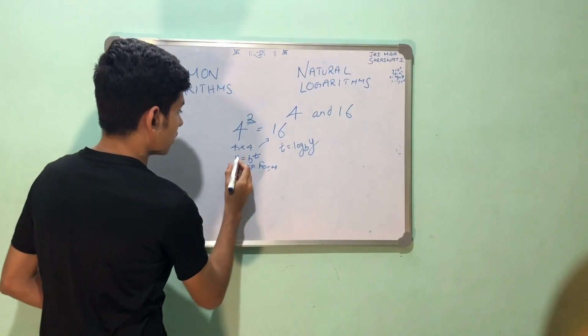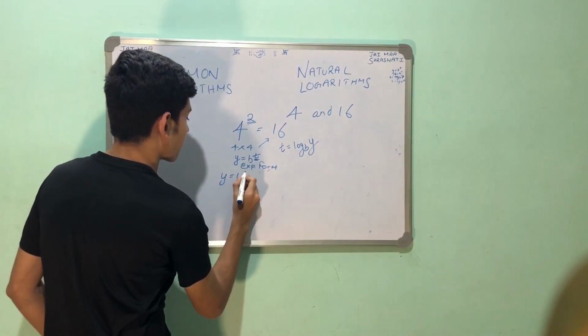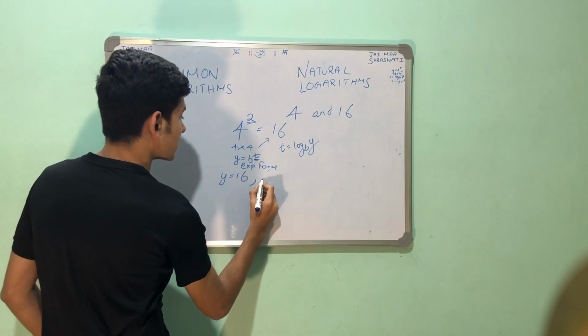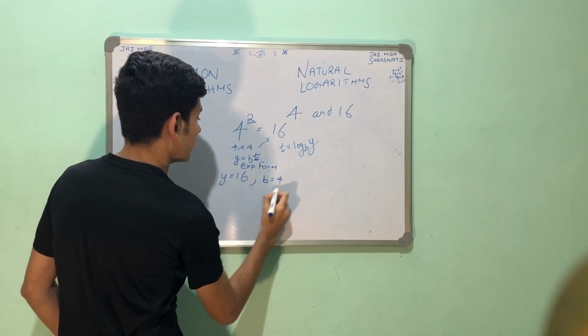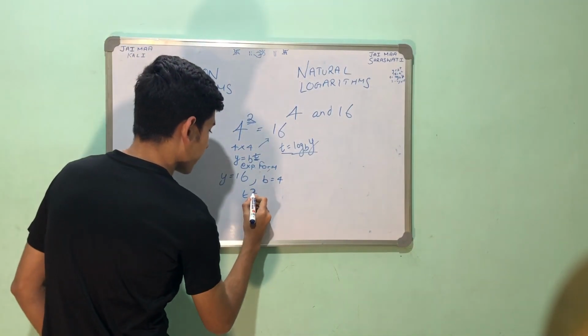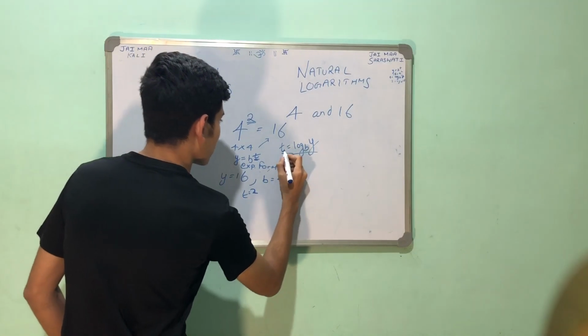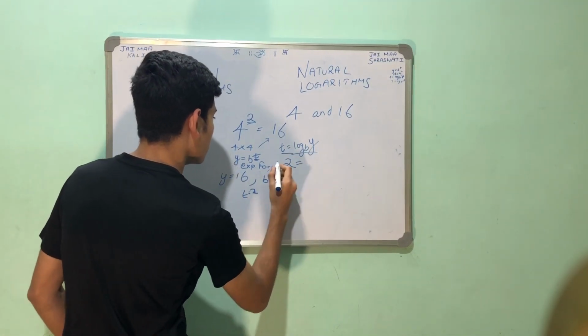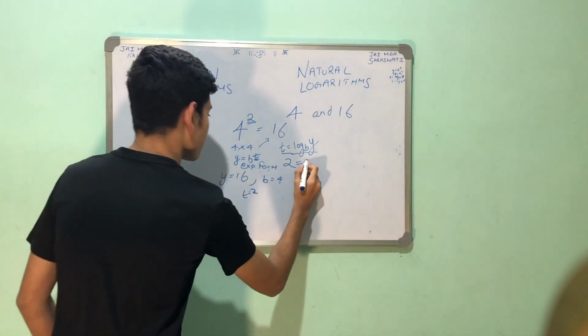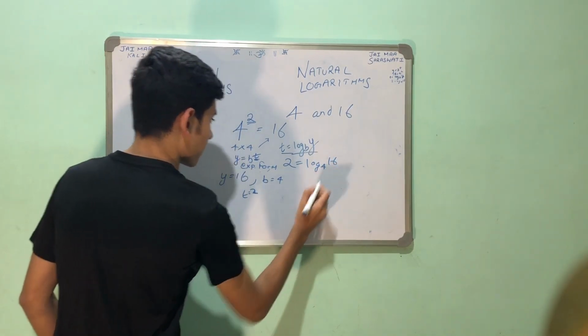So here y is 16, b is 4 and t is 2. In logarithmic form, we get t is 2, right? Writing in logarithmic form, we get 2 equal to log base 4 of 16.